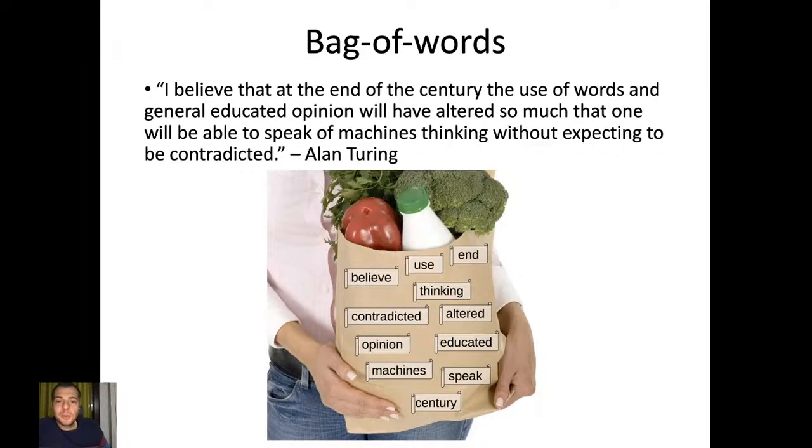Okay, so in this example, we have this text by Alan Turing, and we have the bag of words representation. We eliminate the stop words, and we keep words such as believe, use, century, and so on.